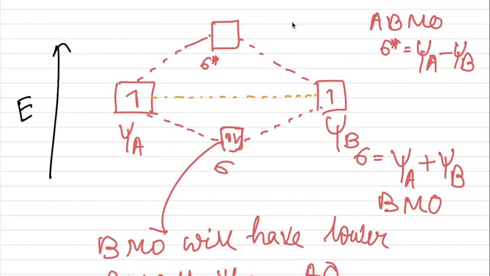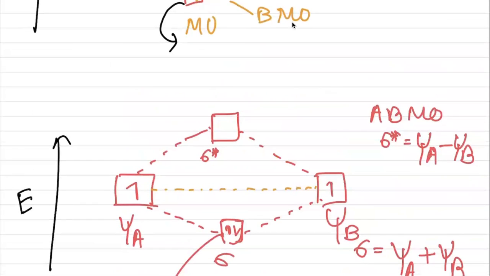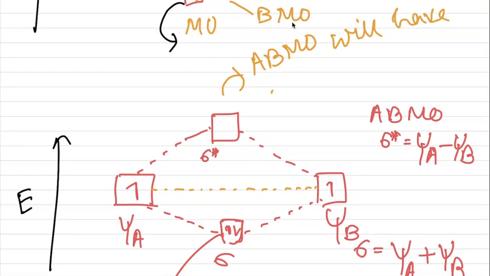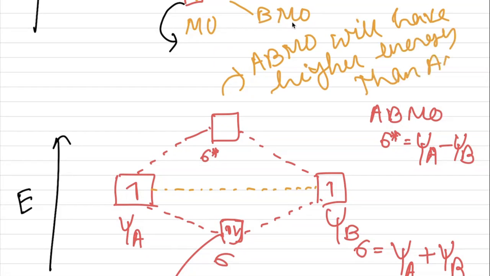And obviously, antibonding orbital, ABMO, will have higher energy than that of the atomic orbital.